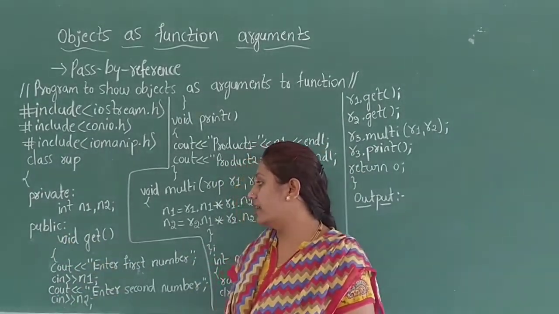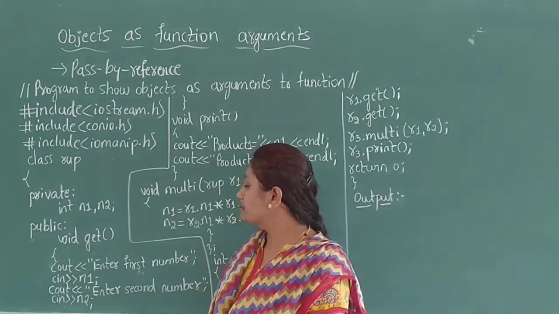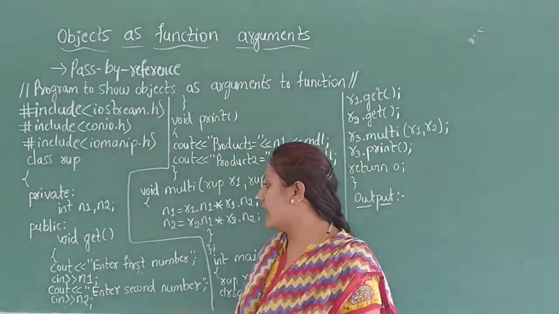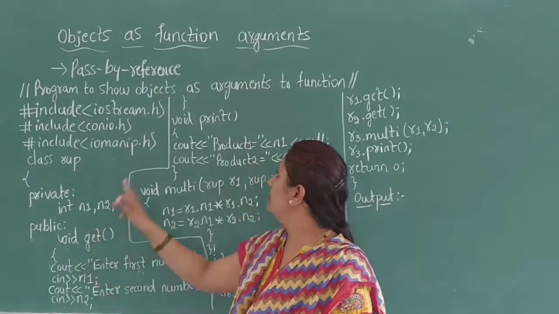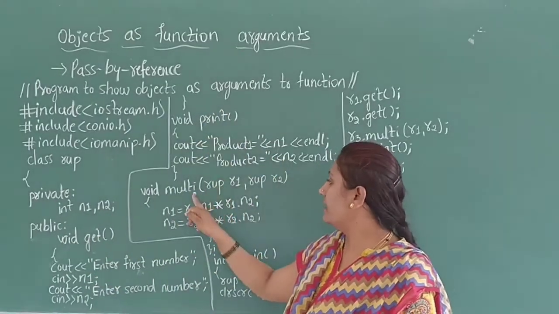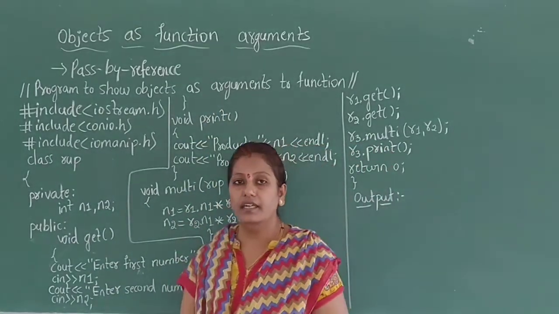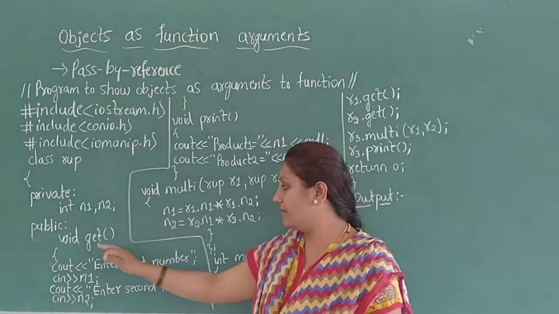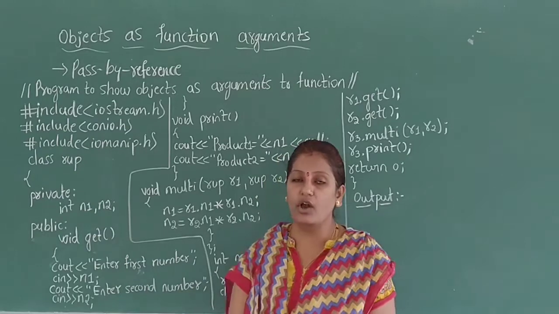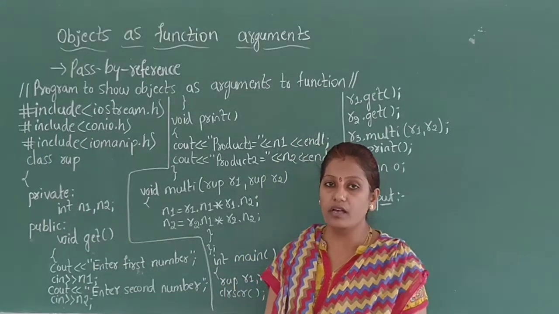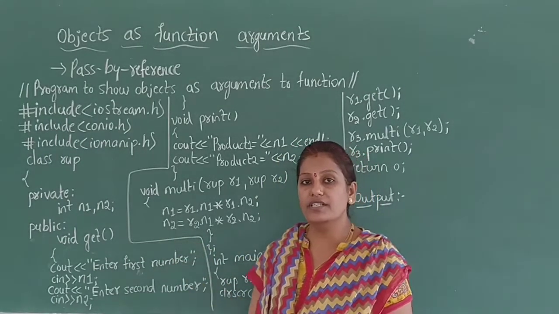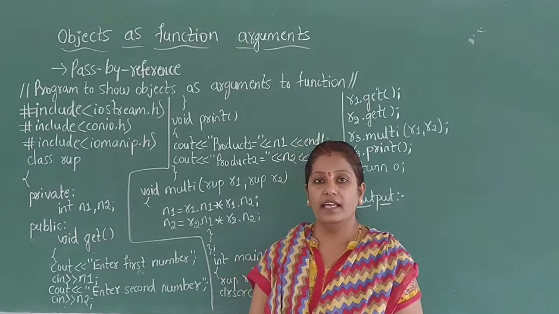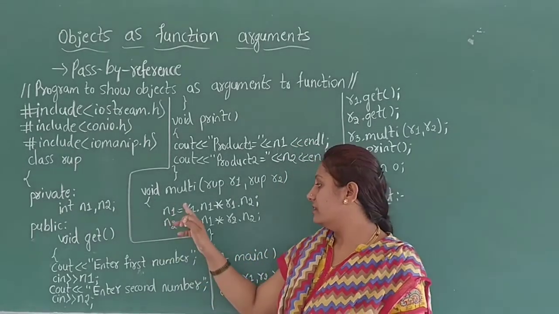In the public section, 3 member functions are defined: get, print and multi. These three member functions are defined inside the class, therefore here no scope resolution operator is used.